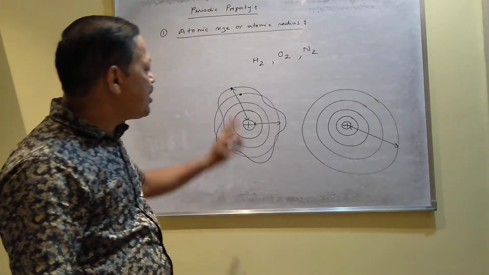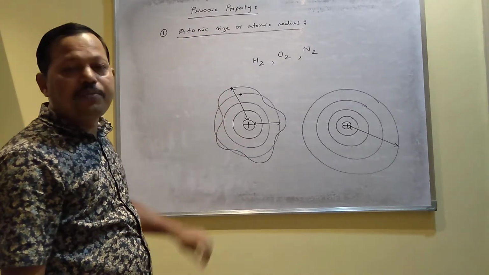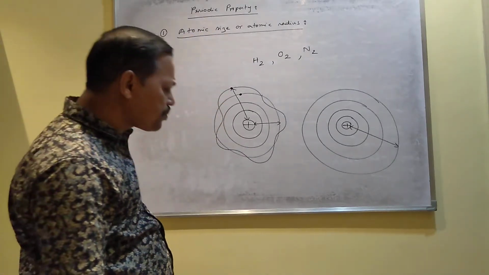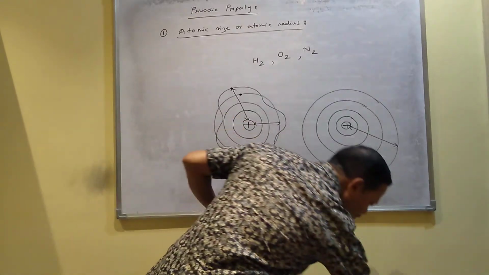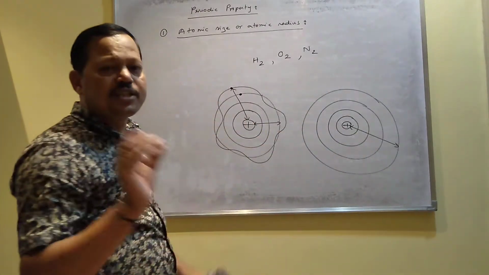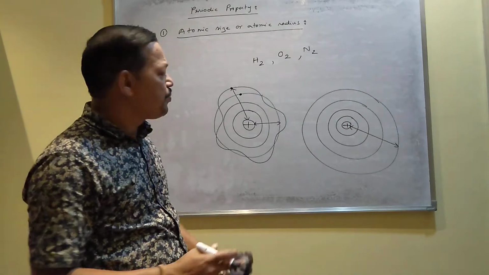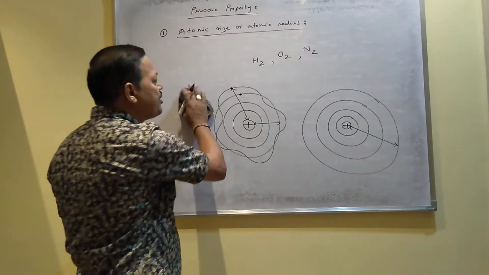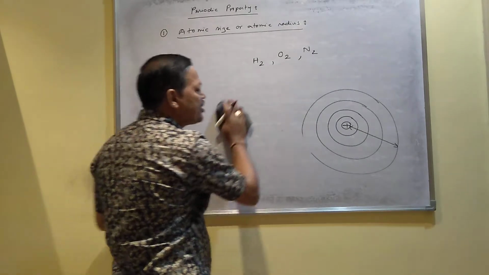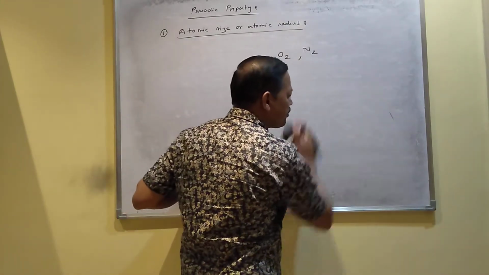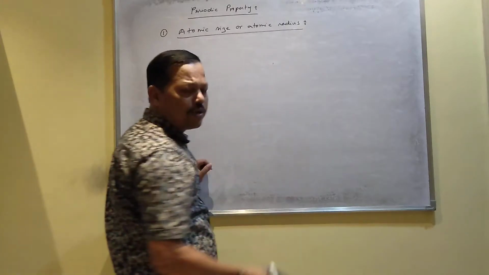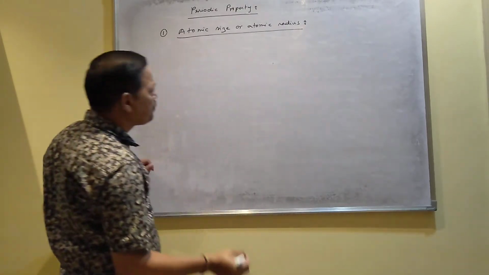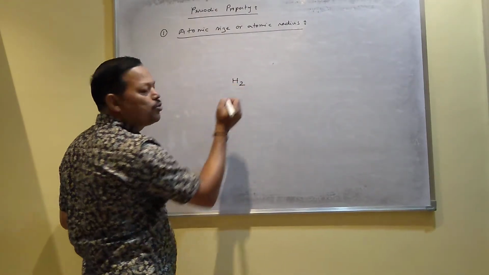So that is why these are the difficulties in determining the radius of an atom, and that is why radius is determined in a different way. Radius directly you cannot determine this way due to these difficulties. Actually radii are determined from the molecule only. For example, hydrogen molecule, H2 molecule.